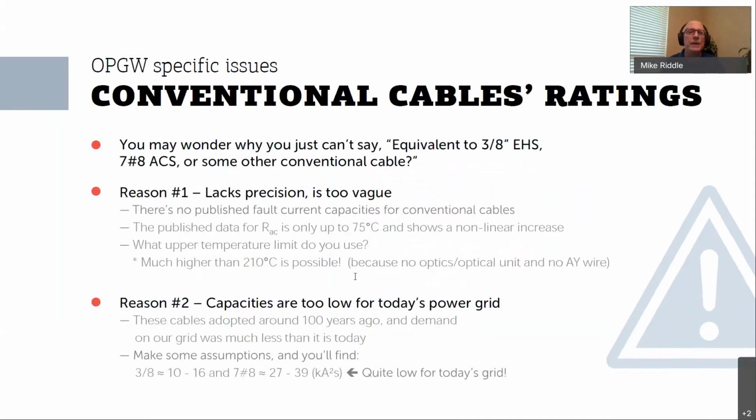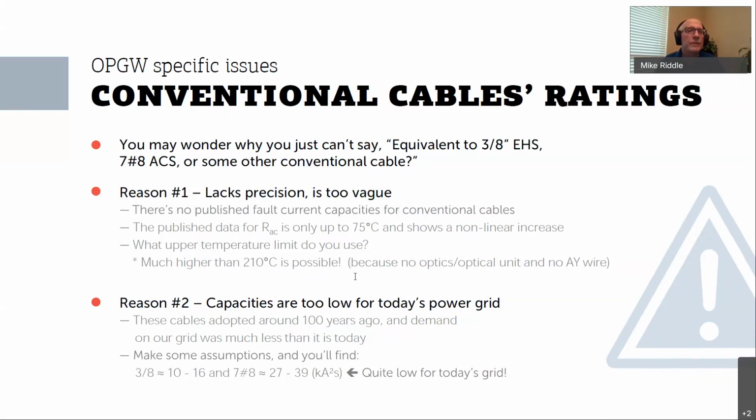Now, some people say, why can't I just say equivalent to 3/8 inch EHS or a 7No8 or some other conventional cable? And there's two reasons why that's not a good idea, in my opinion. First is it's too vague. You can't find a conductor manual that tells you what the fault current capacity is for 3/8 inch EHS.